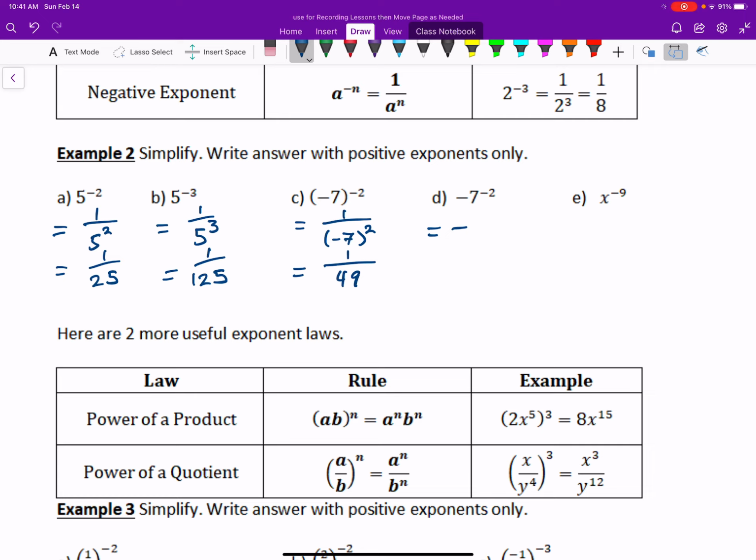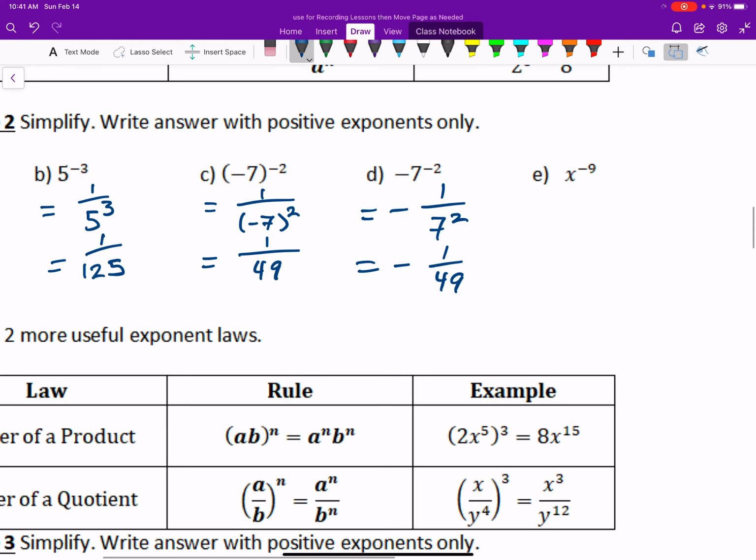It means the minus sign stays out front, and I do 1 over 7 squared like this. So make sure you see the difference. That minus sign is unaffected by the exponent because it's not in brackets. So we have the difference between 1 over 49 and negative 1 over 49. X to the negative 9 would be 1 over x to the positive 9, and I can't simplify that any further.